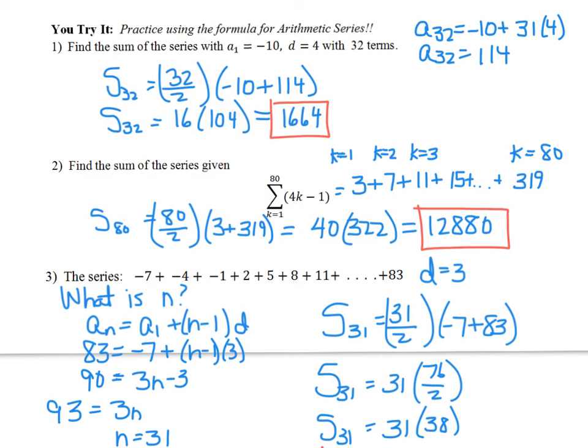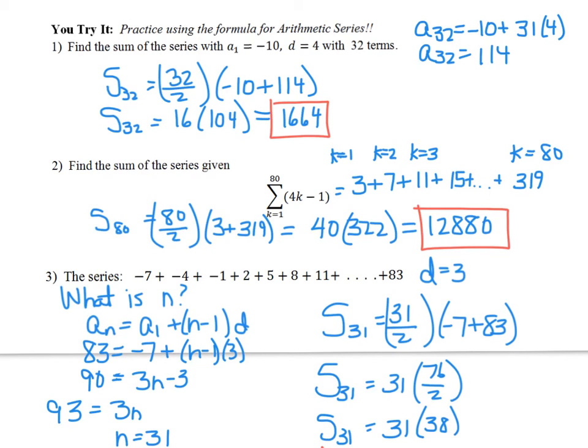1,664. For example number 2, I have to take a look at what each term is as I start with k equaling 1. So when k is 1, the first term is 3. When k is 2, that means 4 times 2 minus 1, which is 7. When k is 3, 4 times 3 minus 1 is 11. And so on until I get to the 80th value of k.